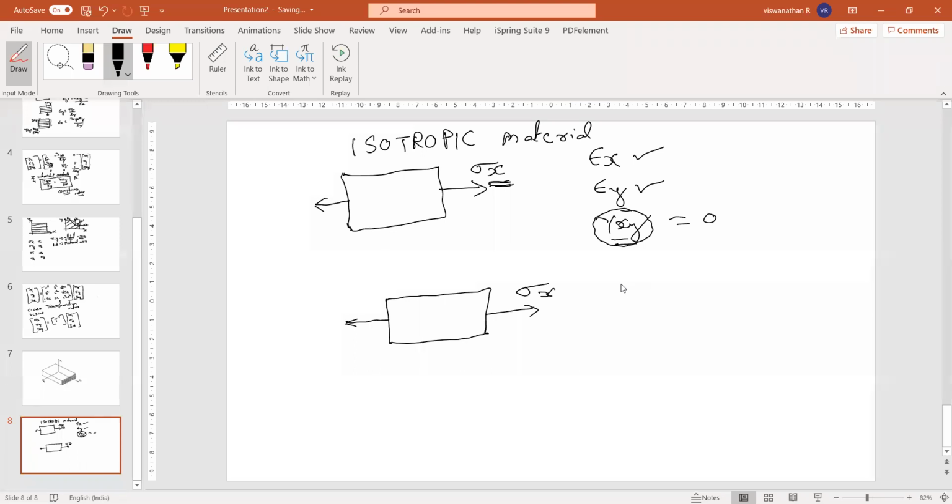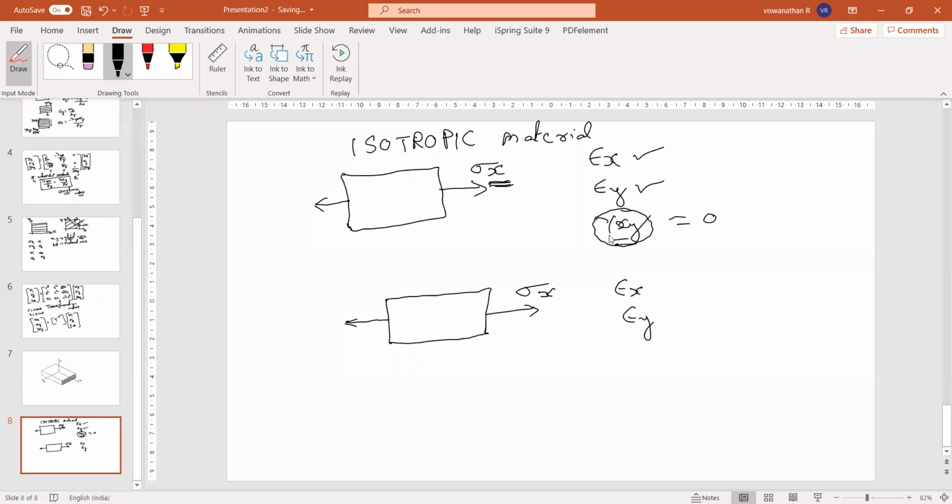Epsilon x will be there, epsilon y will be there, but they are not equal. Because even in the isotropic case, is epsilon x equal to epsilon y? No, they are not equal. So here also it's not equal.